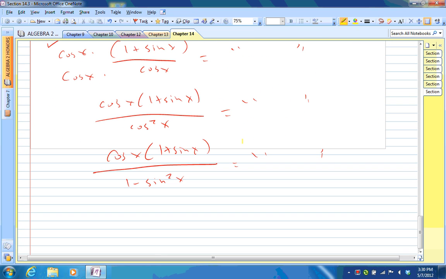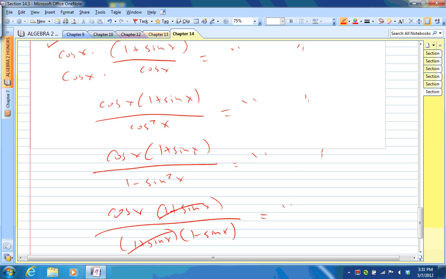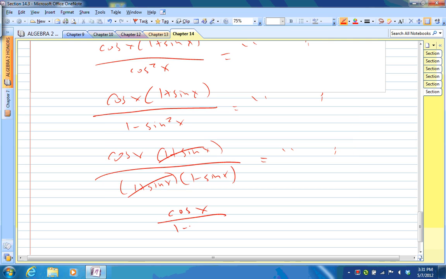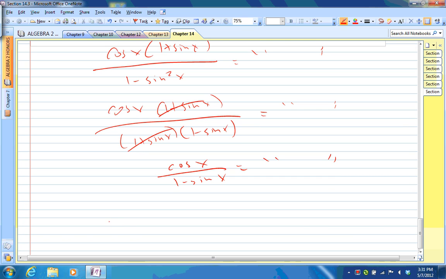So cos x times 1 plus sine x, factor the bottom, cross off, and you have just this. Now you might be asking yourself, how come I didn't cross multiply to make this true? To verify this identity, one restriction that I will impose, just because I want you to use the identities, is that you can only work on one side. That's my rule. I know it's cruel, but so be it.